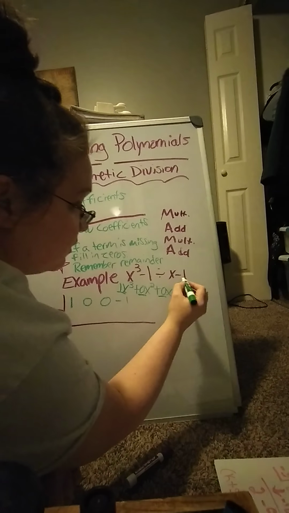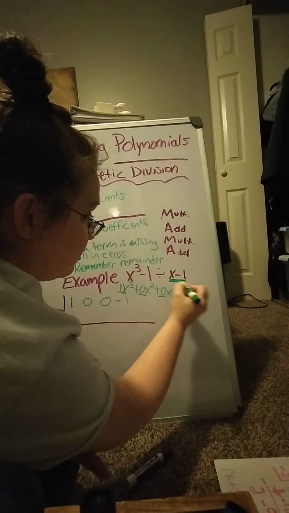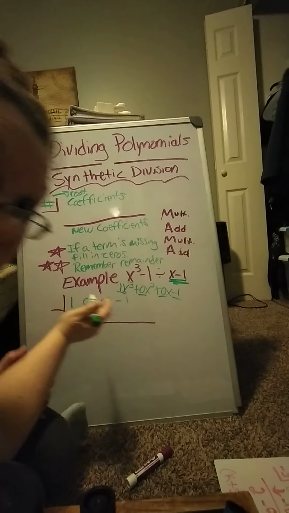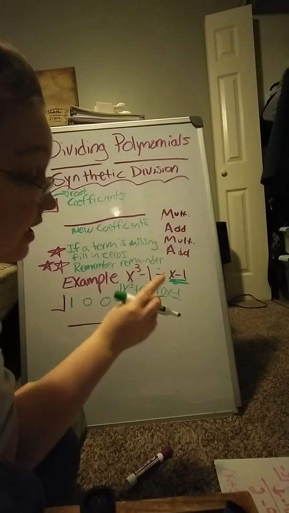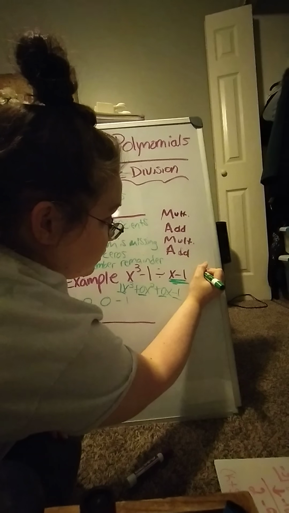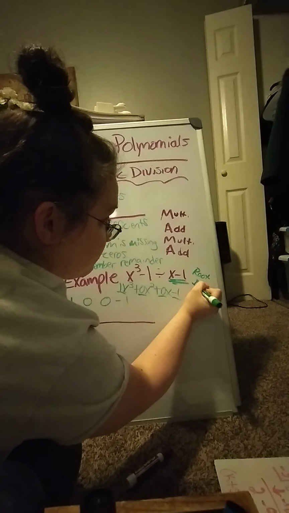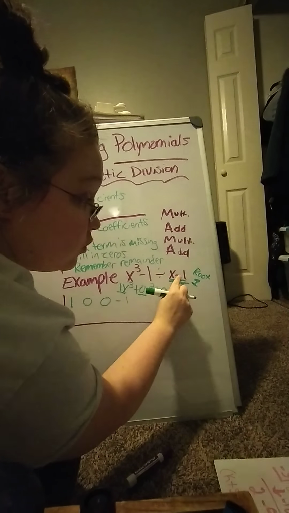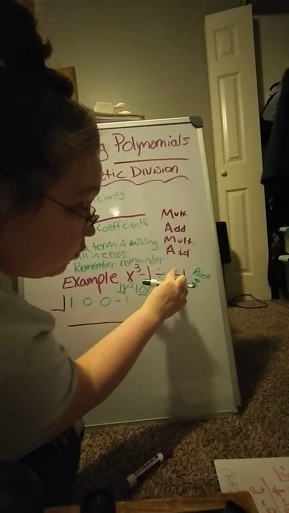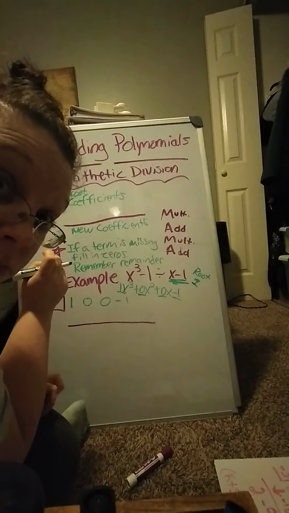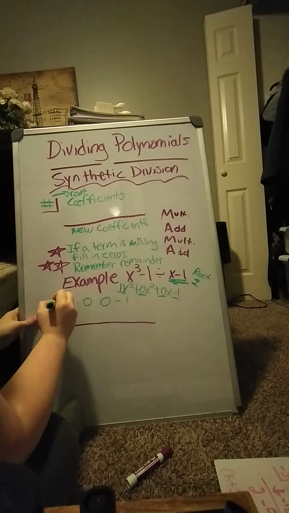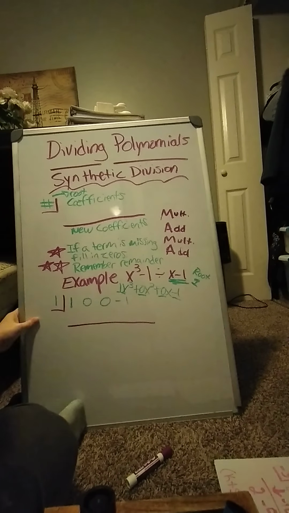That comes from here, okay? See how it says x minus 1? That means my root is positive 1, okay? You do the opposite sign of whatever it tells you to divide by. So that means in this box here, I'm going to put a positive 1.